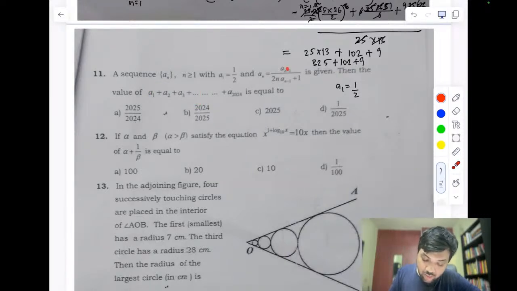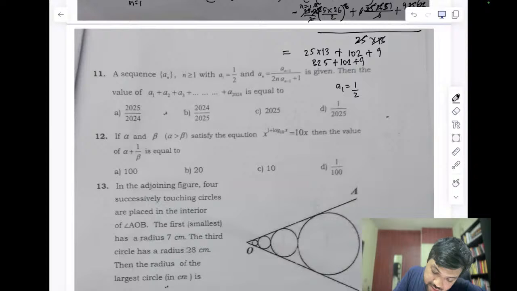Then plug in and check what you get. I mean, you can do it by telescoping. Right. So if we observe that, we saw that a1 plus a2 is 2 by 3.